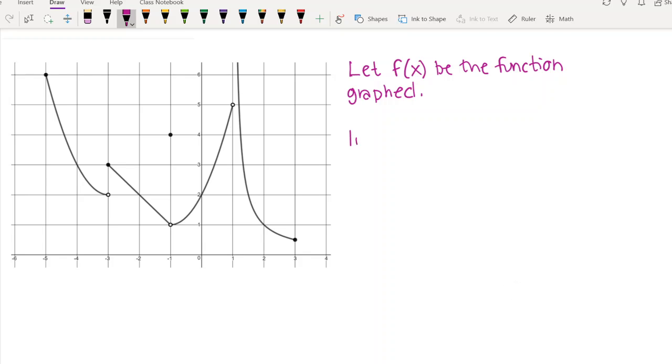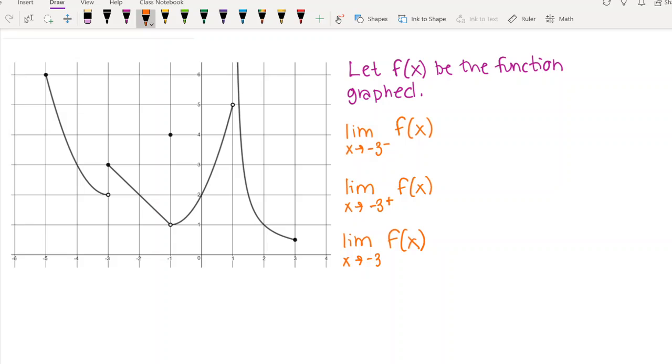So we're going to do the limit as x approaches -3 from the left of f of x, the limit as x approaches -3 from the right of f of x, the limit as x approaches -3 of f of x, and then also f of -3.